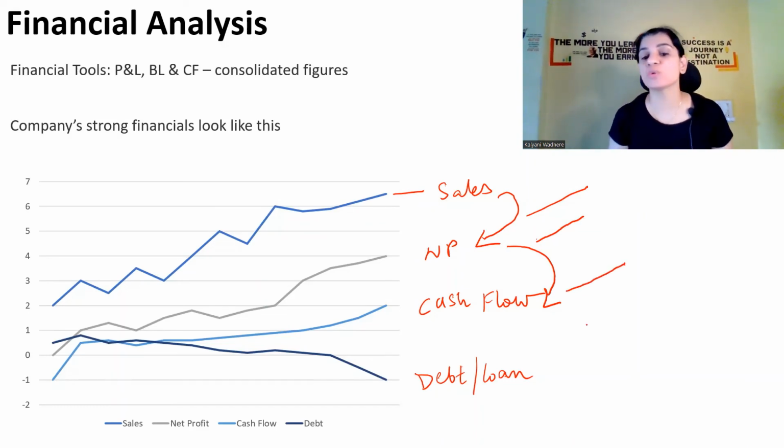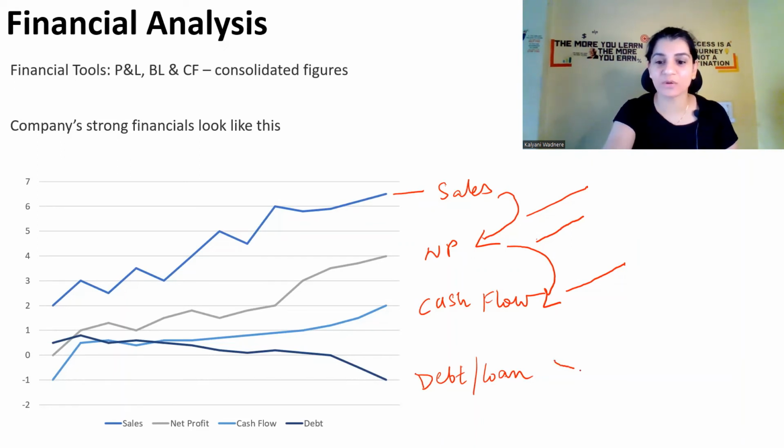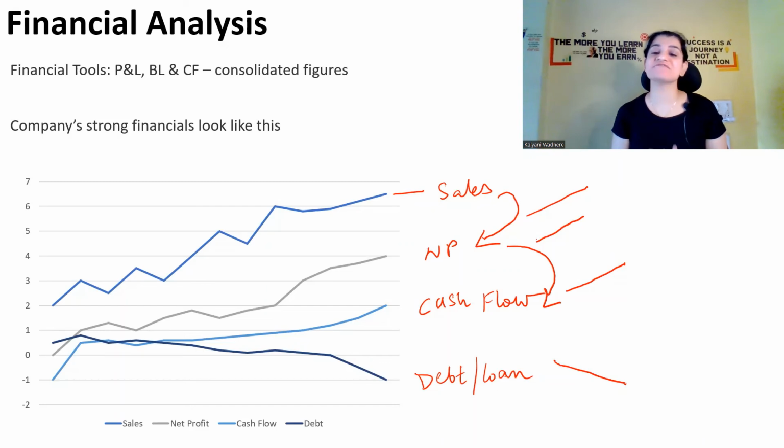And the debt or loan, whatever the company has taken to start the business, to invest in its business, that loan has to be reducing, or it should be debt free. This should be going down. So this is a very ideal situation. We call it a healthy situation, where it becomes good to invest your money in such a company, and investing in such a company becomes risk-free.